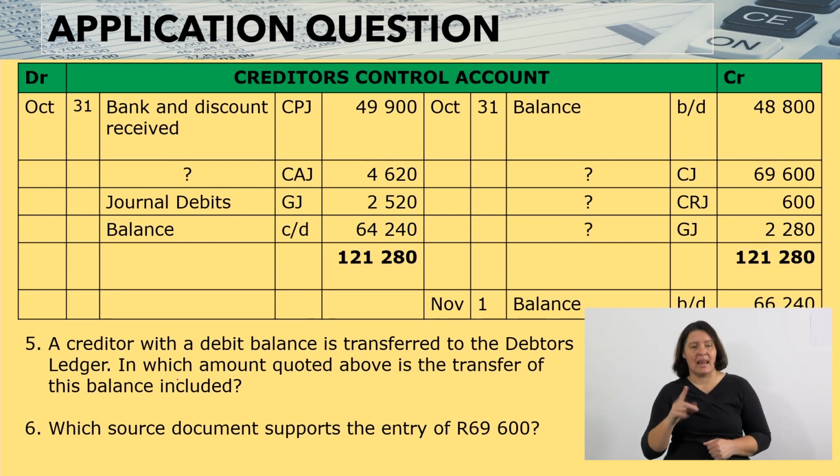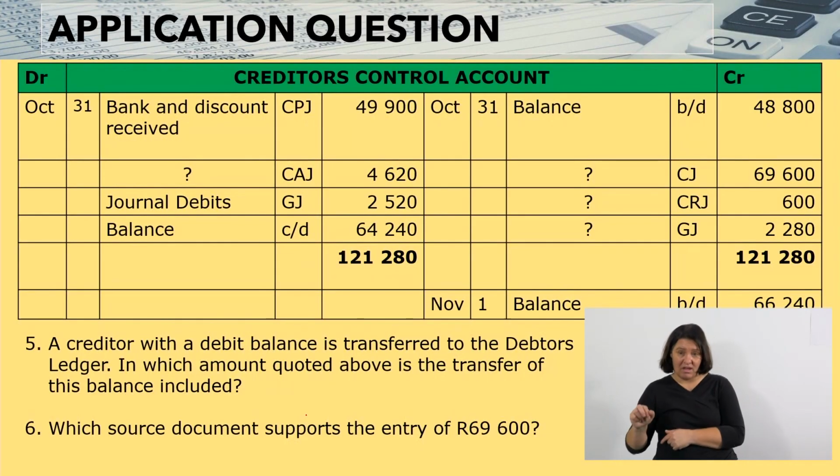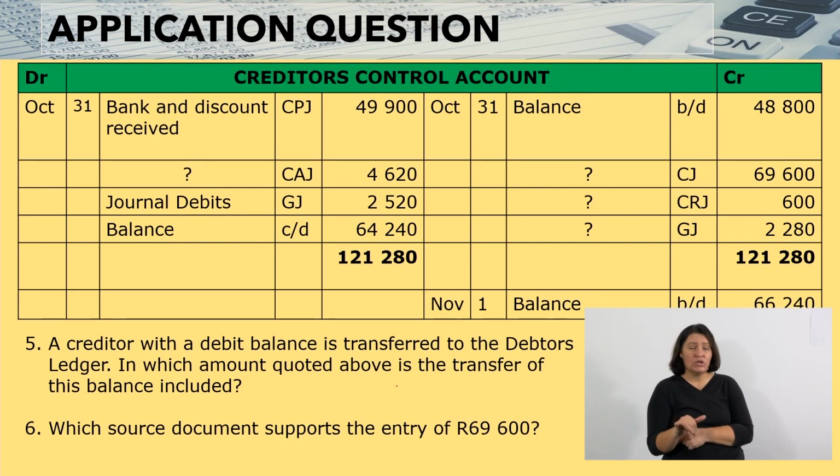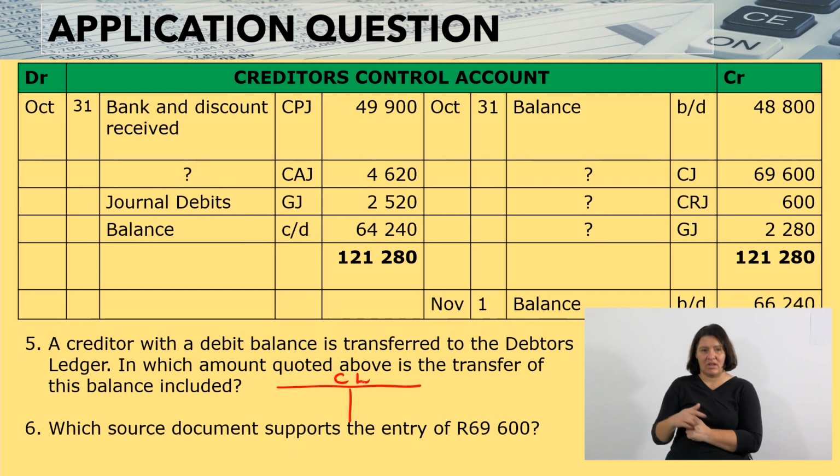What this means is we have a creditor who now has a debit balance. The moment your creditor has a debit balance, you must then transfer him from your creditor's ledger. In which amount quoted above is the transfer of this balance included? Once your creditor has a debit balance, in other words, you will see an account like this. This will be your creditor's ledger.